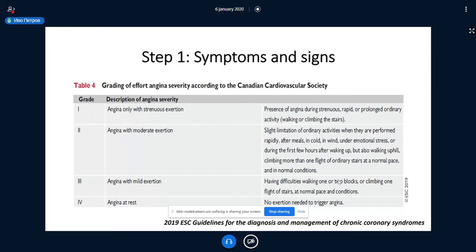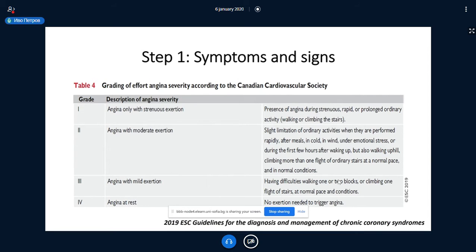That is very typical, by the way, when the patient goes out from the room into cold weather; with the addition of spasm, coronary spasm, the patients can receive chest pain, and also under emotional stress. But for example, walking uphill, climbing more than one flight of ordinary stairs at a normal pace, this is the angina typical for second functional class.